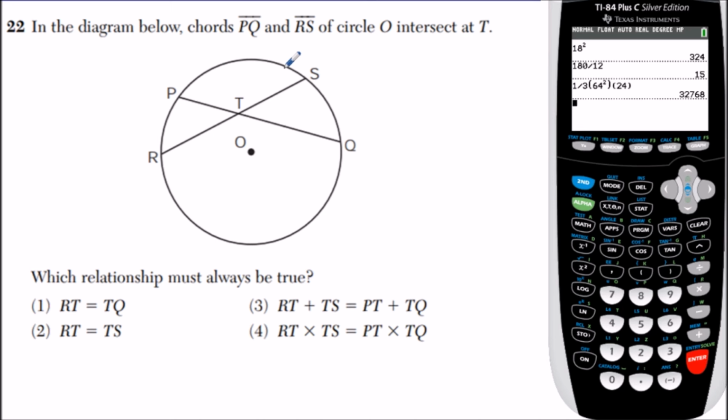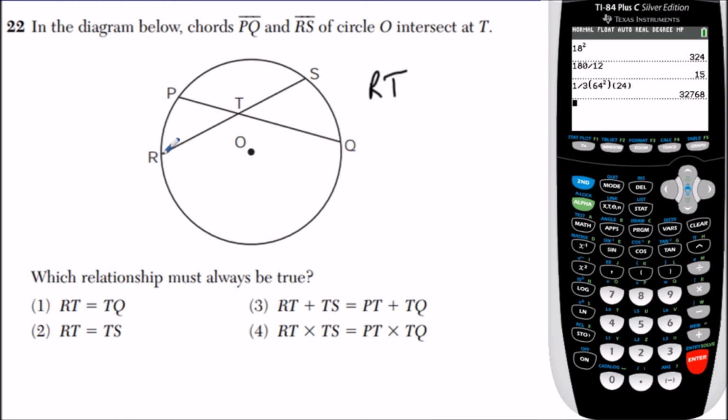All right, question 22. Most of the challenging questions are saved for the end, but 22 is a deceivingly easy question for this part of the test, which will sometimes make you second guess things. But when you have intersecting chords, the product of the segments are equal. So what that tells us here is the product of the segments. We have segment RT.